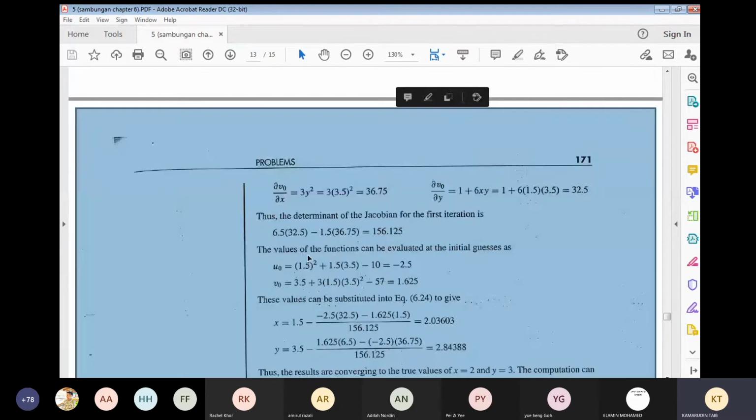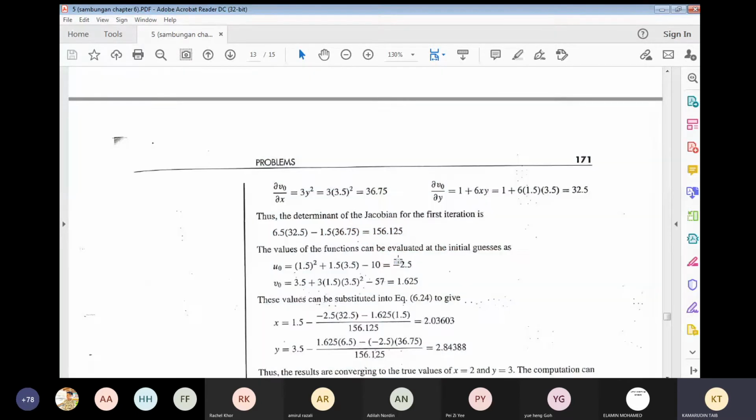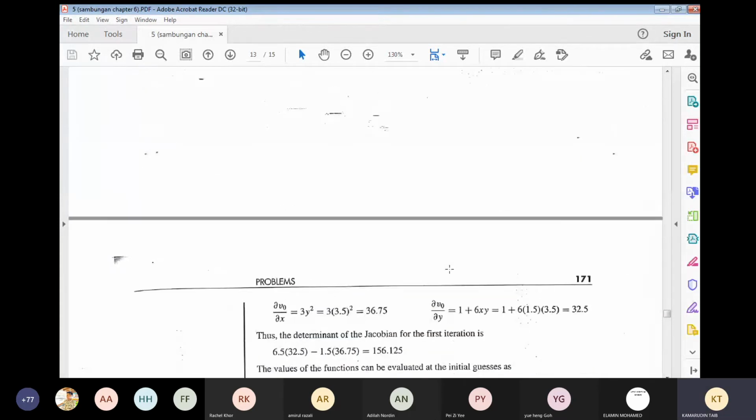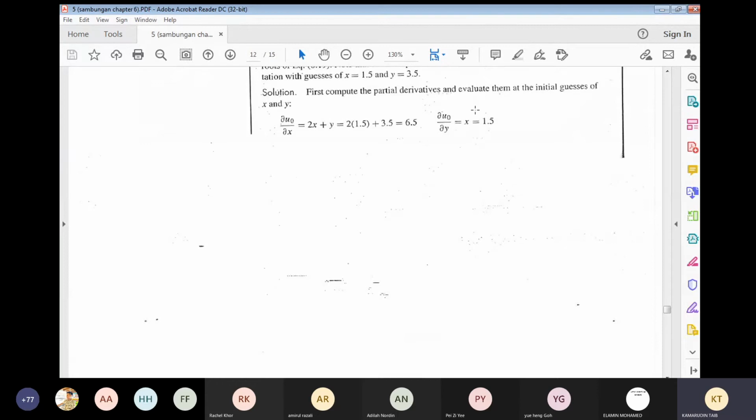So this negative 2.5 goes here, and then this 32.5 is from here, and then the minus sign appears as in the equation. 1.625 is from here, v0 minus 1.5, which is here, du0 over dy.